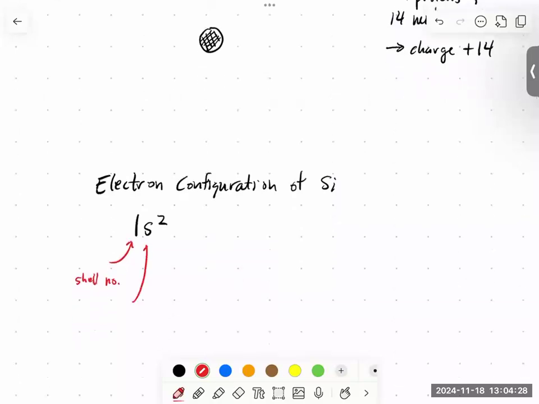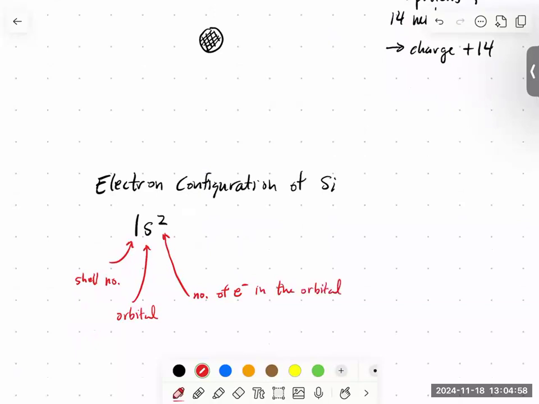The s is not going to really matter for us, but it's called the orbital. That's something you'll talk about more if you continue and take some third and fourth year quantum mechanics. And then the 2 is going to tell us how many electrons can go in that orbital, so the number of electrons in the orbital.